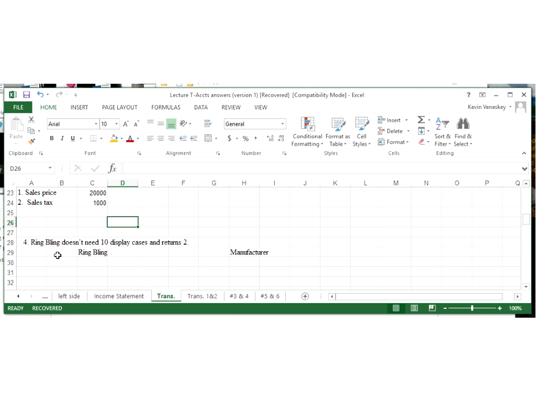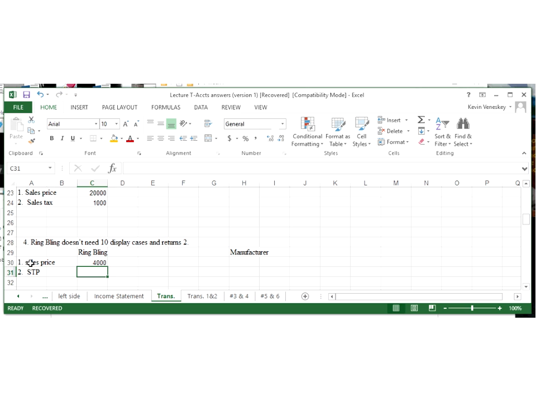What's going to happen here in number 4? I'm going to return something with a sale price of $2,000 a piece, so a total of $4,000 of goods that I'm returning.